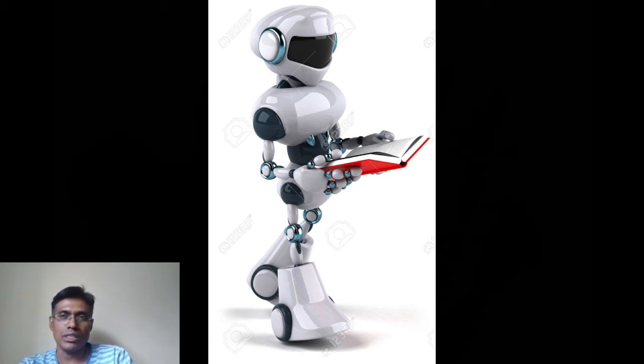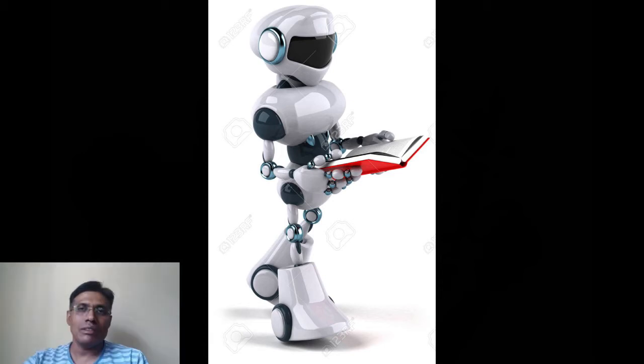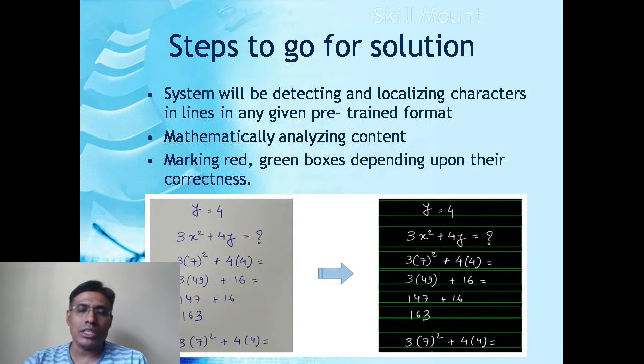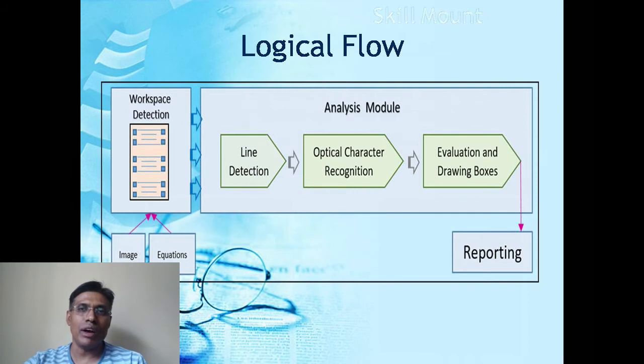Let's look at how exactly this works. The automation is done in such a way that it evaluates each of these answers in an unbiased way. So let's look at the flow, how the system is designed. The worksheet pattern will be predefined before the session, and the students will write the content in the prescribed areas, and line detection will be implemented, and OCR will be running on top of that.